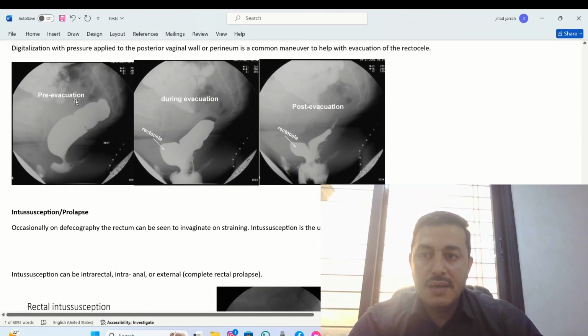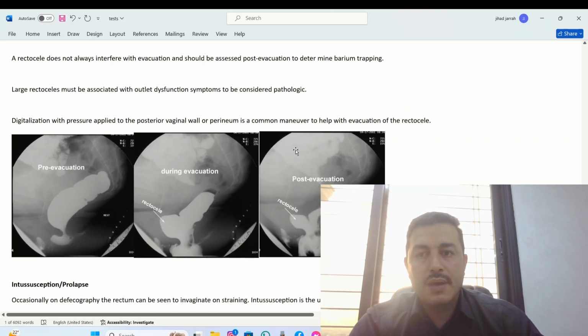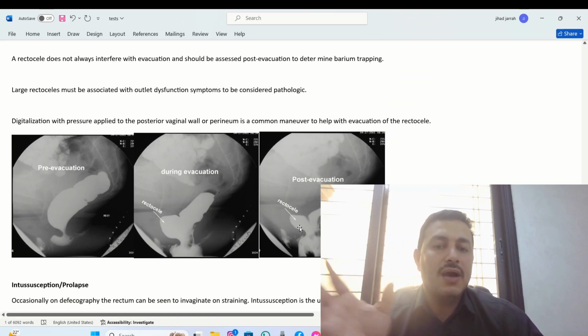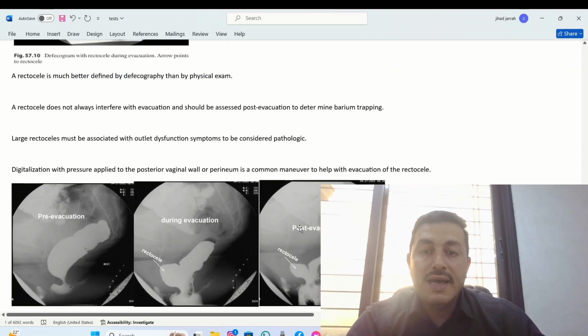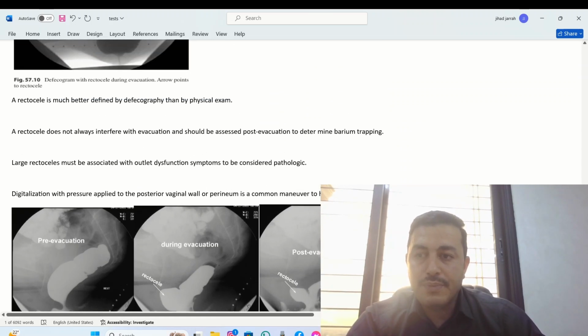This is pre-evacuation. Okay, this is a rectocele, a bulge of the anterior rectal wall toward the vagina, and you see post-evacuation the contrast is still trapped in the anterior vaginal sac, or protrusion, let's say.